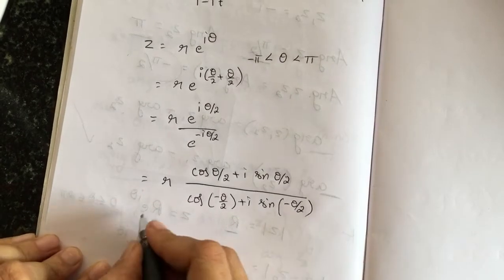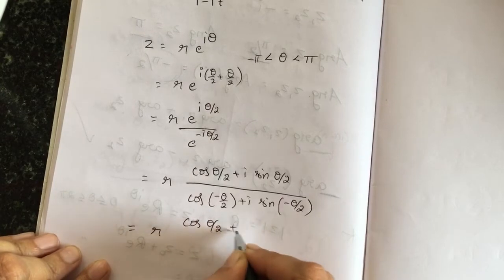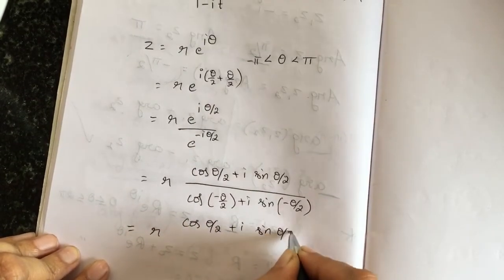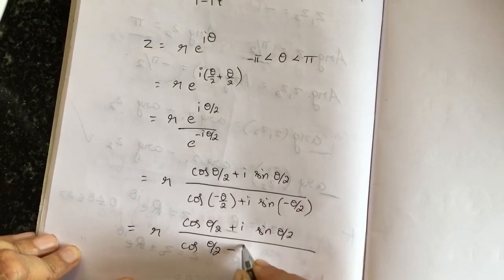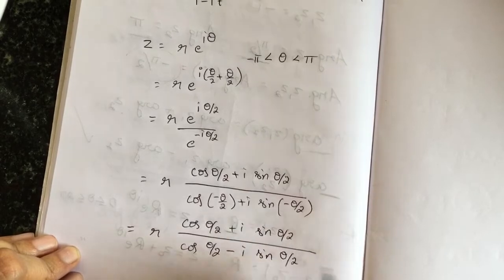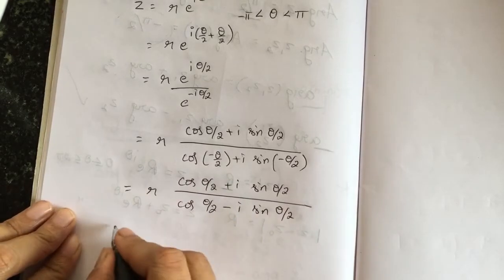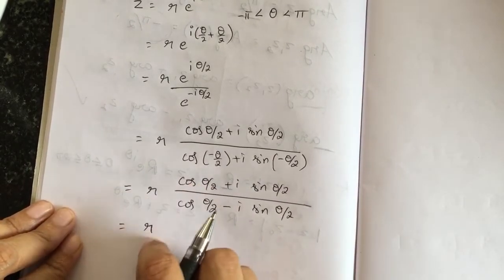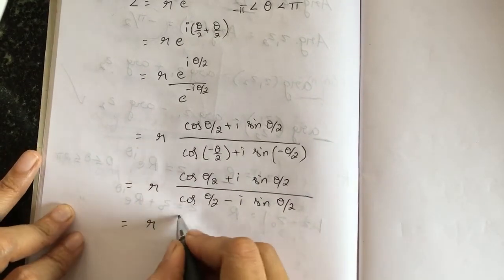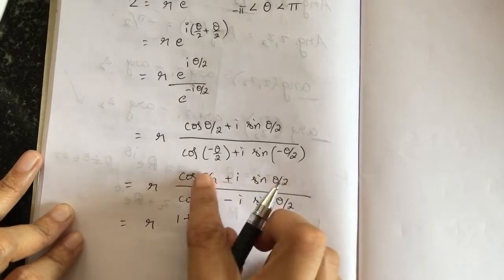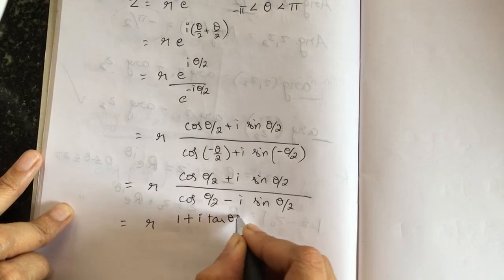So it's the same as writing, since cos of minus theta is cos theta, cos theta by 2 plus i sine theta by 2 divided by cos theta by 2 minus i sine theta by 2. When I divide this whole by cos theta by 2, this comes out to be r into 1 plus i sine theta by 2 divided by cos theta by 2, so that will be tan theta by 2.